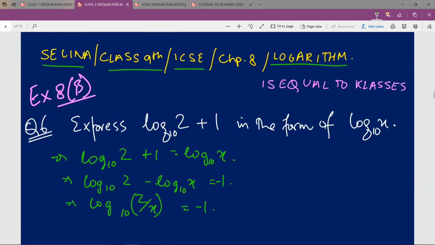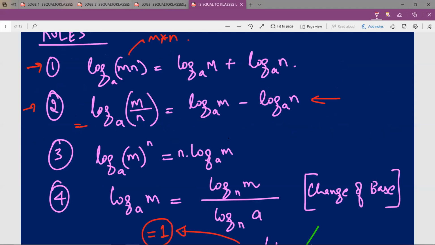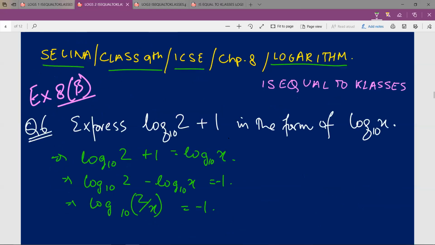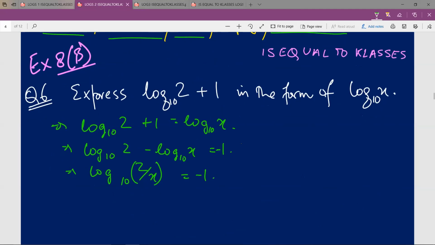Where there is addition, there will be multiplication, and where there is subtraction, there will be division. So log of 2 divided by x to the base 10 is equal to minus 1.